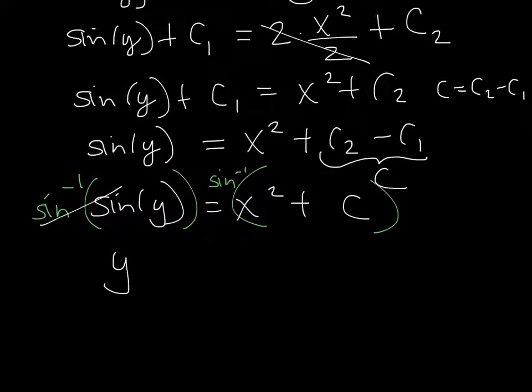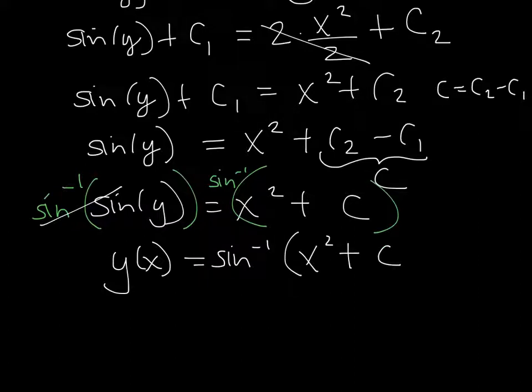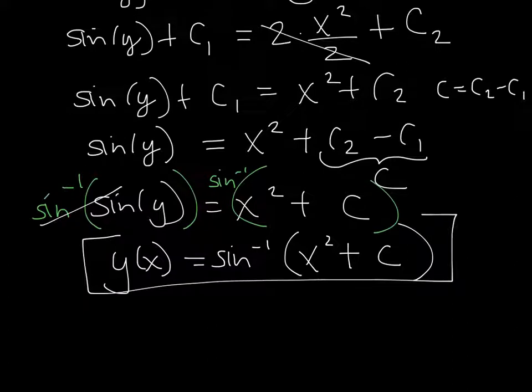So we get y, or if you want to write y of x to be more explicit, no pun intended there, sine inverse of x squared plus c. And so we have solved for y of x. This is our general solution to this differential equation.